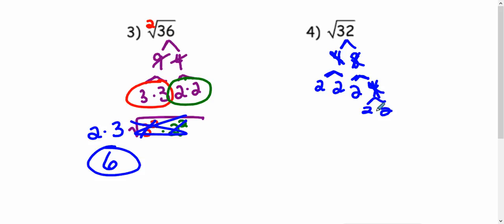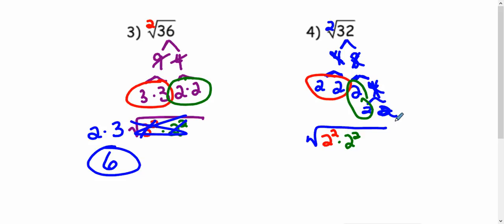I don't want to get confused and use a number more than once. So, now, what was my index? My index is 2. So again, I'm going to use an exponent of 2 as I rewrite this. So I have 2 to the second power. I have another 2 to the second power. And then I have this 2 all by itself. It doesn't have an exponent of 2.